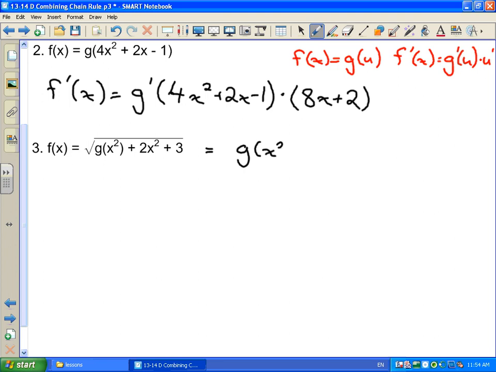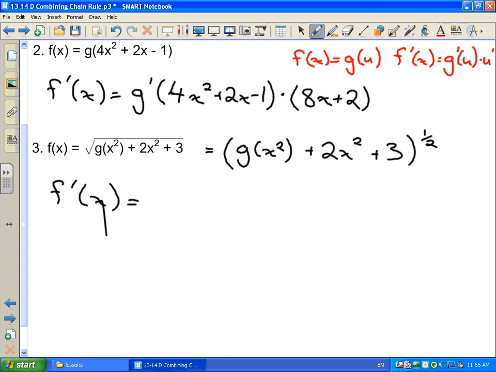So this will become g at x squared plus 2x squared plus 3, all to the exponent 1/2. Well, f prime at x is what we want. Okay.